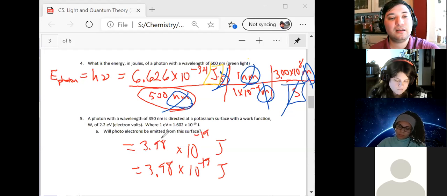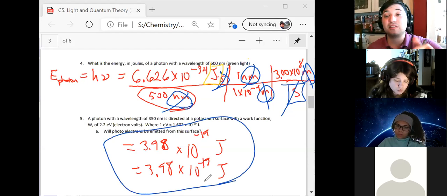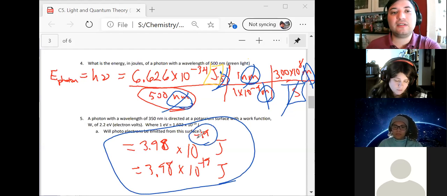Okay. And now another skill that is wonderful to have, regardless of what field of study you go into, is being able to look at your work and determine whether or not an answer looks reasonable. So comparing with someone else, the fact that you both got the same number, that's promising, right? It says you probably didn't screw anything up. But we have this times 10 to the negative 19.